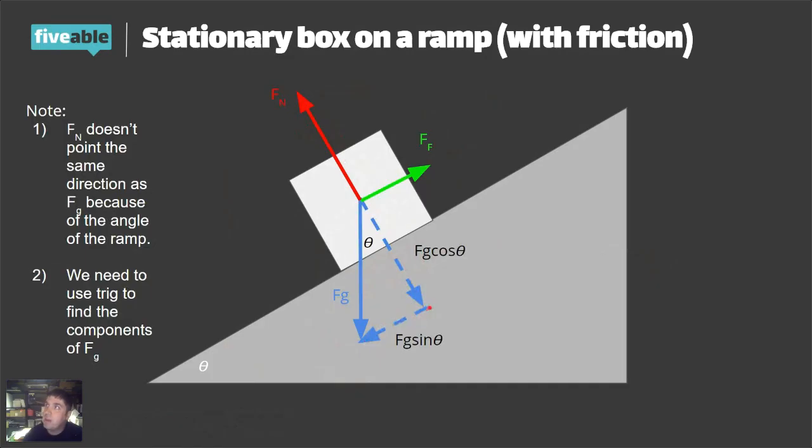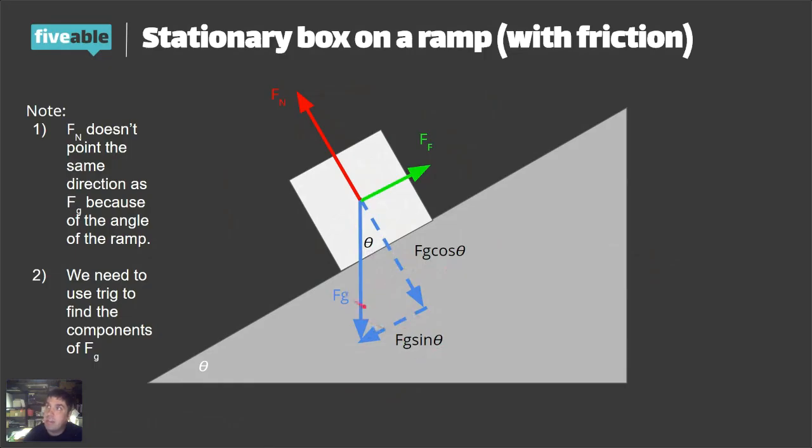The part here, playing connect the dots, parallel to the ramp, this one has to be how much my force of friction is. And again, we can use trig to figure out those values. This perpendicular side is adjacent to my angle, so I'm going to use cosine to find that. And the opposite side, this parallel part, gets the sine term.